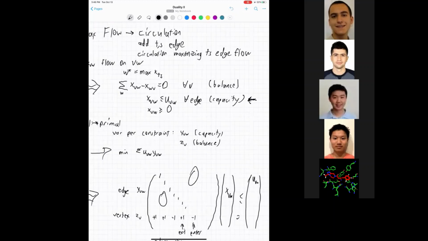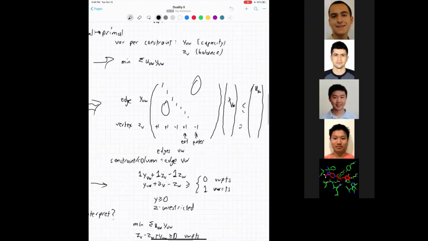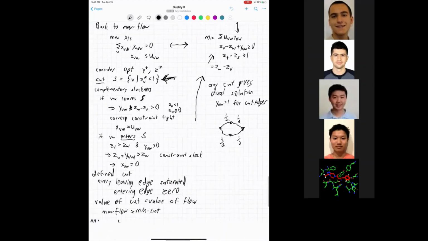I called this a max flow problem, but really it was a min cost circulation problem where the only profit was on edge XTS. Because the constraints are just the balance and capacity constraints that apply to any flow, all I have to do is change the objective function.